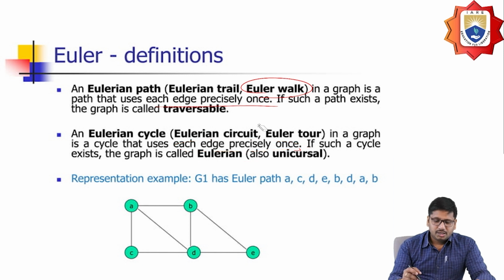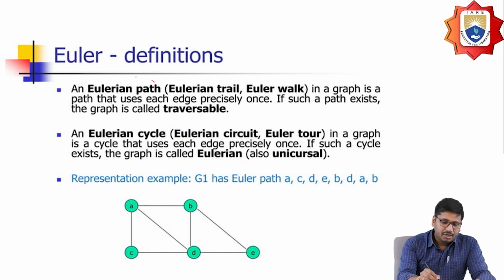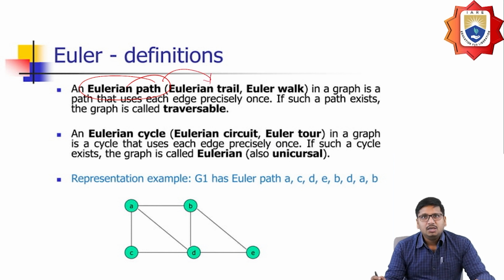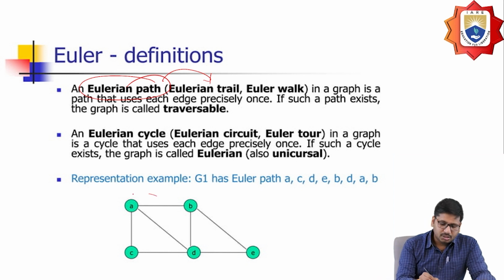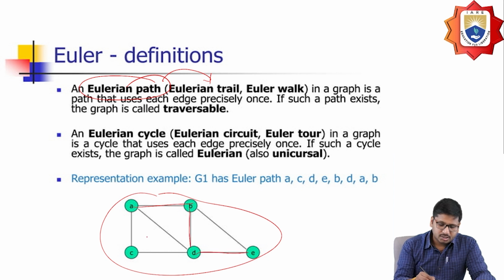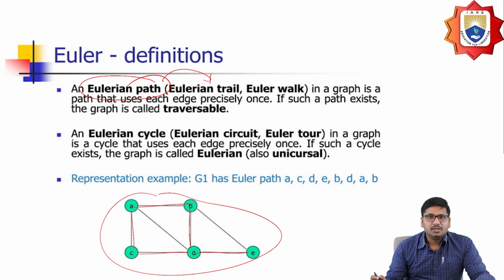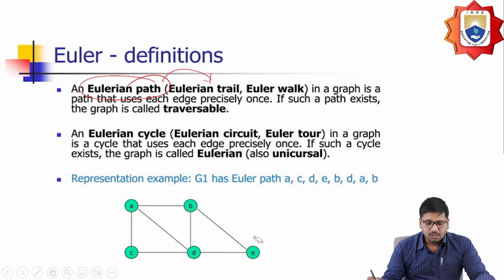So normally the terminology is Eulerian path. The other synonyms are Eulerian trail or Euler walk in a graph. That means in this graph, a path using each edge exactly once is what we call an Eulerian path, and if such a path exists, then the graph is called traversable.